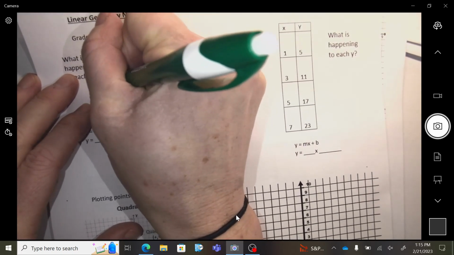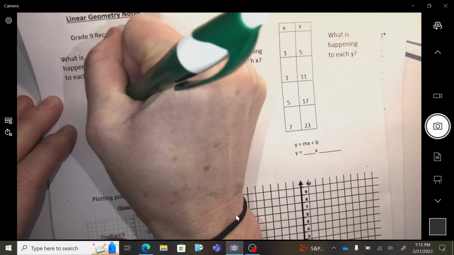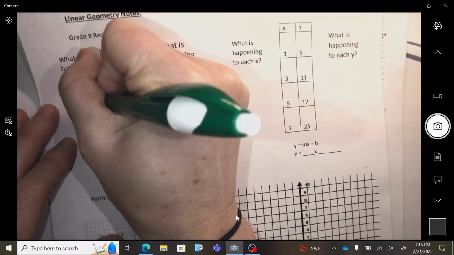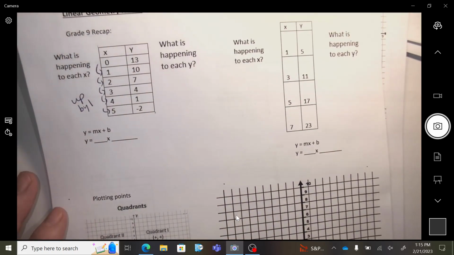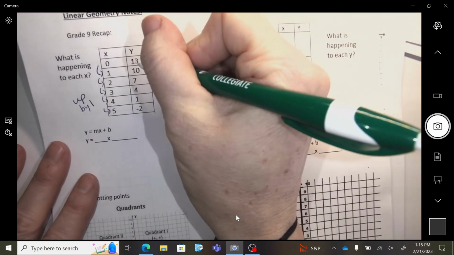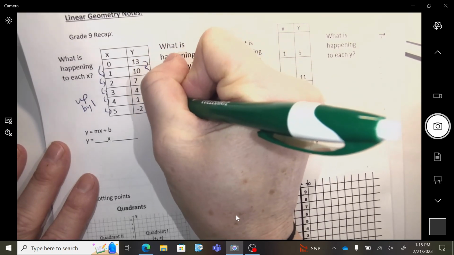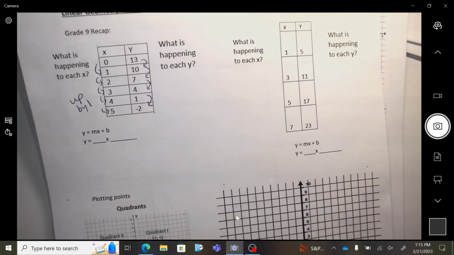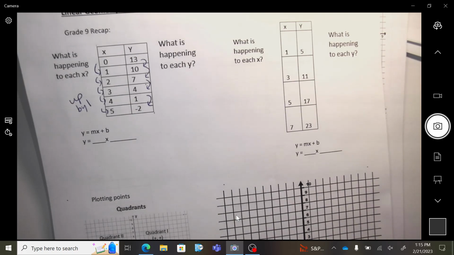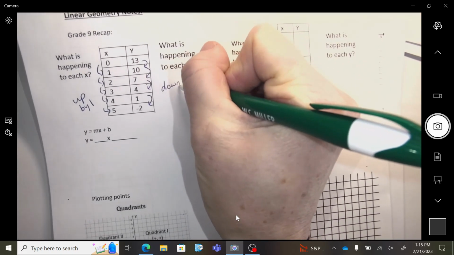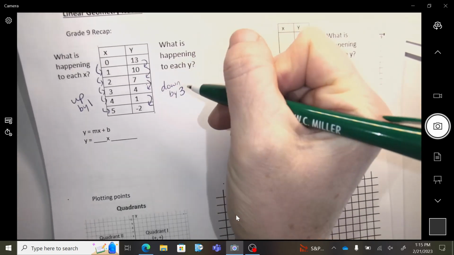So what's happening to x every time? It's going up by 1. And every time we're moving on the y, what's happening? It's going down by 3.